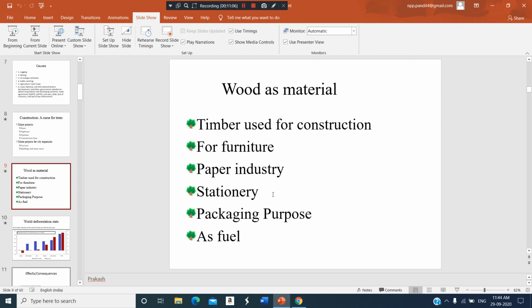The timber is used for construction, furniture, paper industry, stationery, packaging purposes, or it is also used as a fuel. For various purposes, the wood is used. So wood is in high demand. When the wood is in high demand, invariably there is pressure on the forest to cut the forest trees.